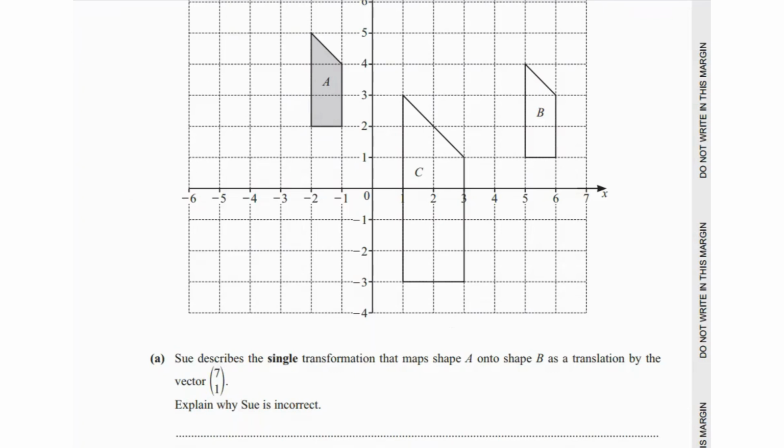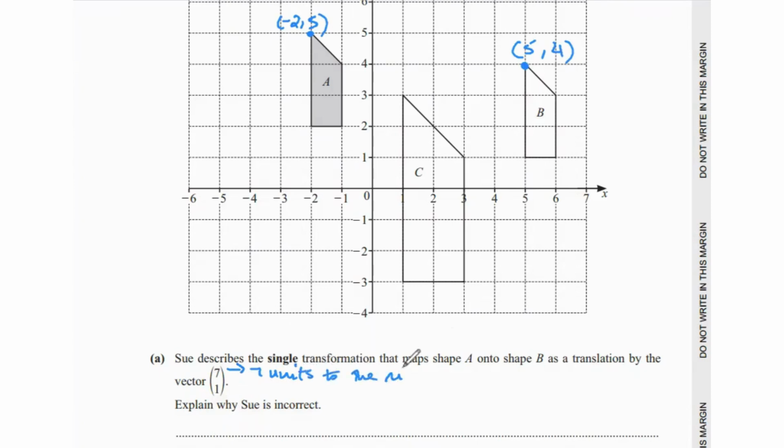So A onto B. If you pick two corresponding points on both the shapes, this point is -2, 5. This point is 5, 4. So if the translation vector according to SU is 7, 1, that means she's saying it's moving 7 units to the right.